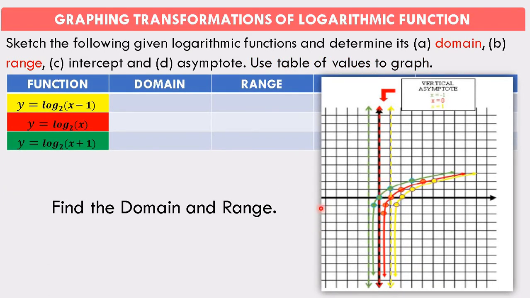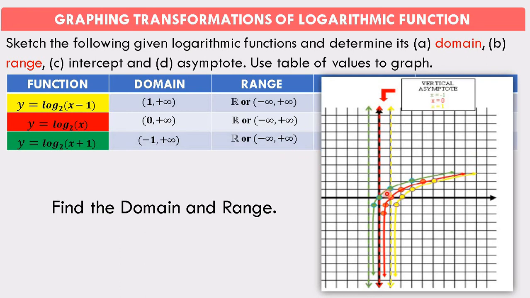So next, find the domain and range. We can see first that the range of all these graphs is the set of all real numbers, since we can extend them both downward and upward. We have no restrictions in y. While for the domain, we have restrictions on x. So we will just focus on the vertical asymptote.